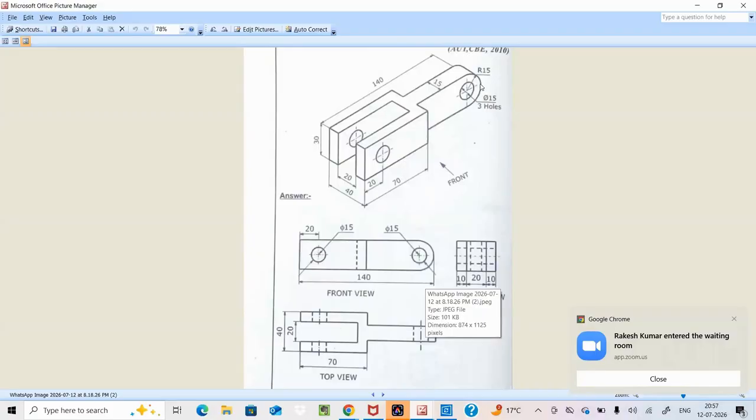And the radius, as I told, this indicates diameter, and the radius will be given directly. In case of diameter, you need to note down the diameter; it will be given in this particular symbol. So Ø15 means the diameter is 15 and the radius is 7.5 out here.